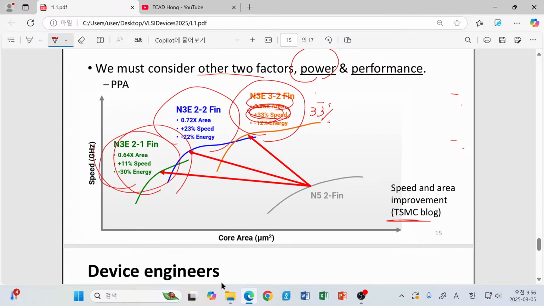And the opposite option is a 36% area reduction, but the speed improvement is just 11%. And now you also have an option to compromise between these two extremes, so your area reduction is in between, and at the same time your speed improvement is also in between. Yes, this is a really balanced one.